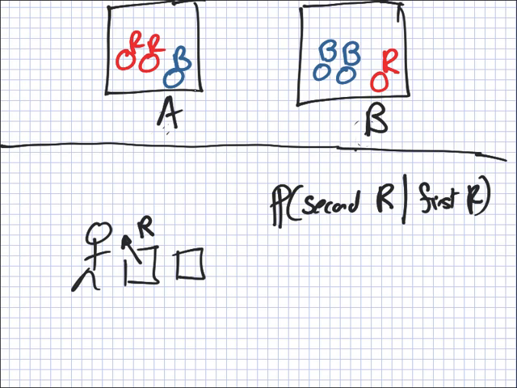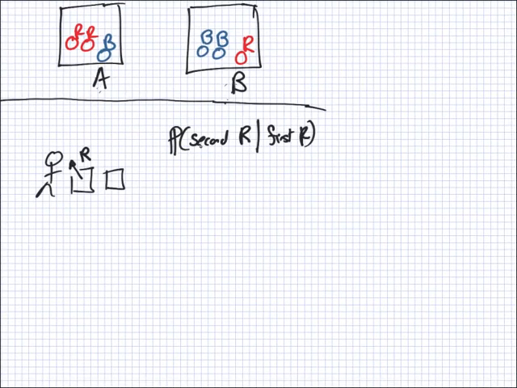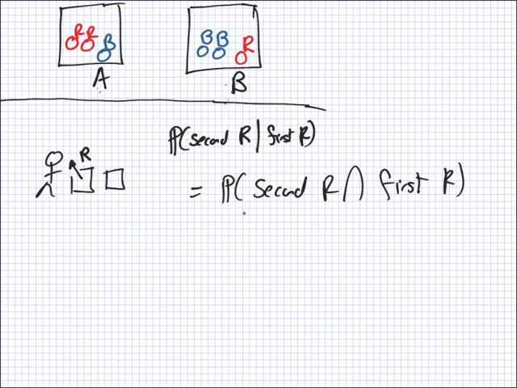So, let's have a look at this. The probability that the second one is red, given that the first one is red, is the probability that the second is red and the first is red, all over the probability that the first is red.